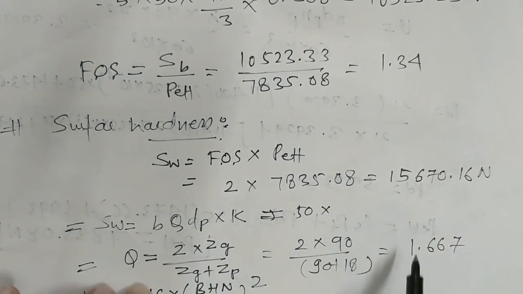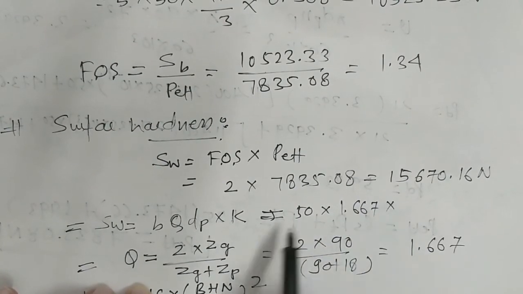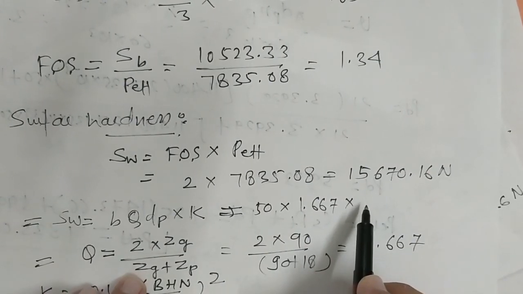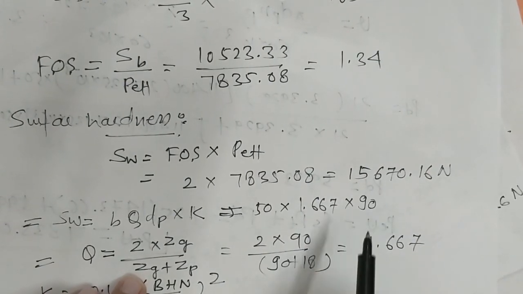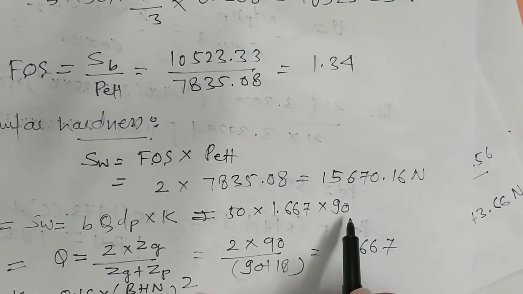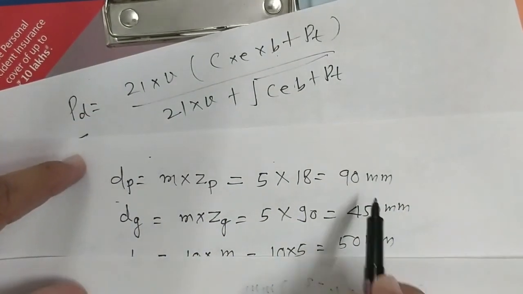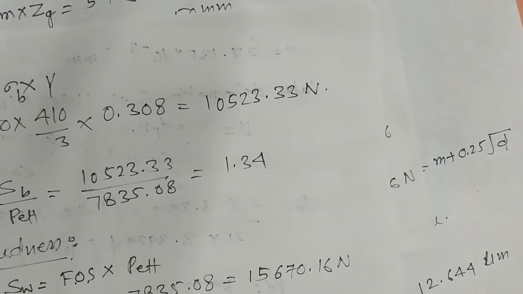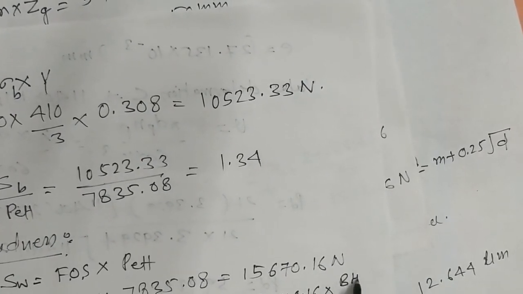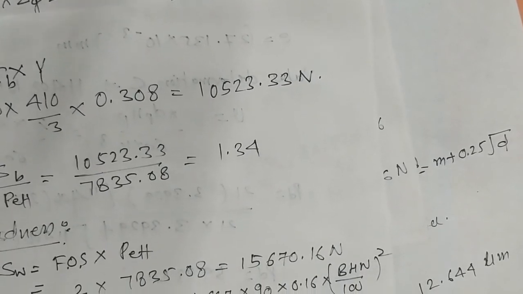So after putting these all values in this formula, B equals 50 and Q equals 1.667 and dP is 90. Pitch circle diameter of pinion we have calculated. Pitch circle diameter of pinion is 90 and this becomes 0.16 into BHN over 100 square.